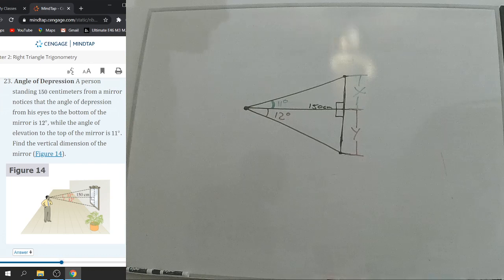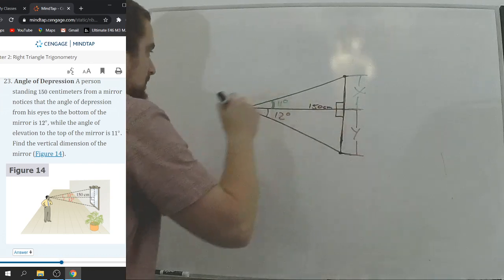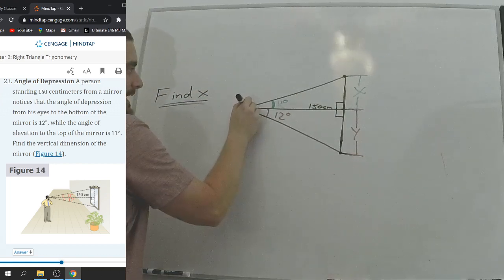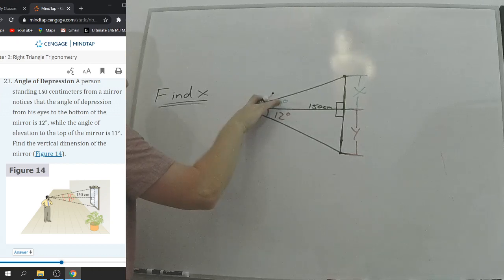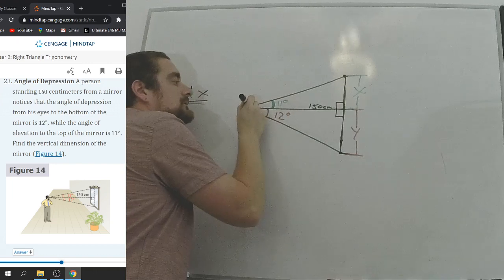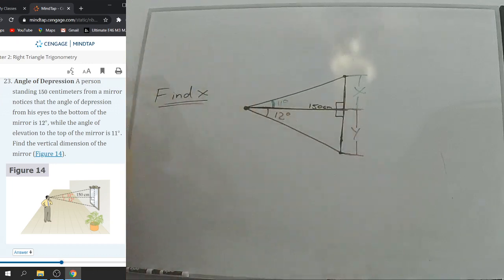Now, I'm going to do it one at a time. First, I'm going to go for x. I'm going to find that height x. I have this angle, 11 degrees. So I'm looking up 11 degrees, and I have the length of my adjacent side. X is what I would call the opposite side. So again, adjacent, opposite, and that degree.